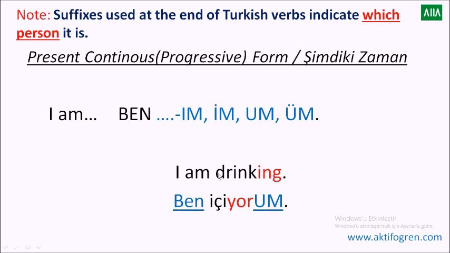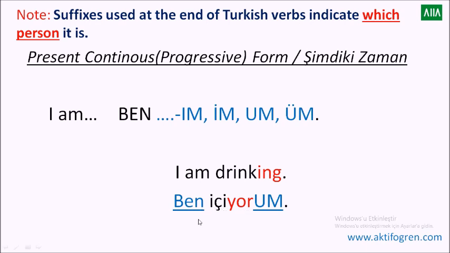Guys, after that in English you can complete with some other things. For example, you can say I'm drinking water, I'm drinking tea, coffee, whatever. But in Turkish we put the objects, which come after the action verb in English, here after the subject pronoun and before the action verb.